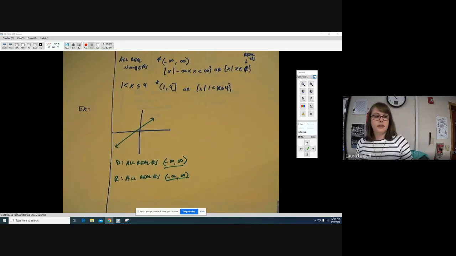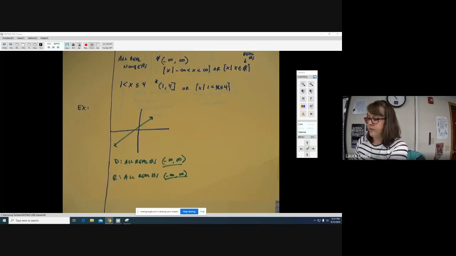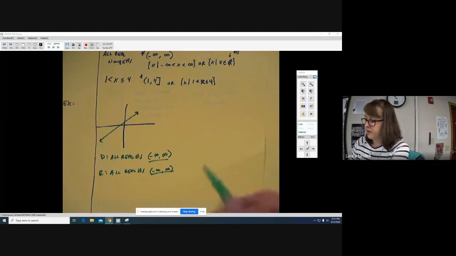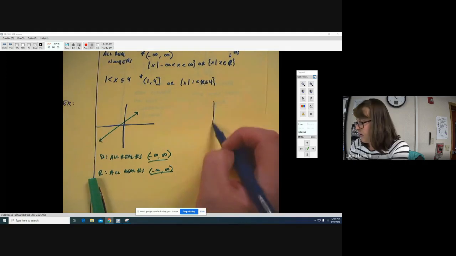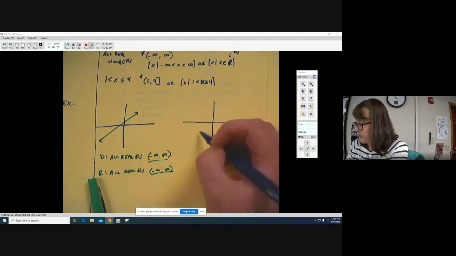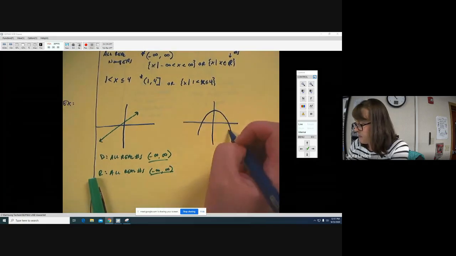But when we start seeing things like parabolas or piecewise functions or all kinds of different things, we start having to sometimes exclude a value. So we'll talk about that as well. Or exclude multiple values even. So what if I have something that looks like this instead?